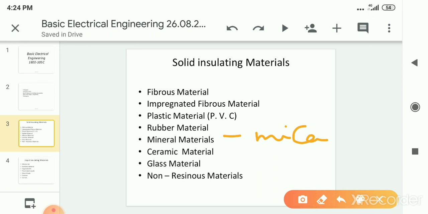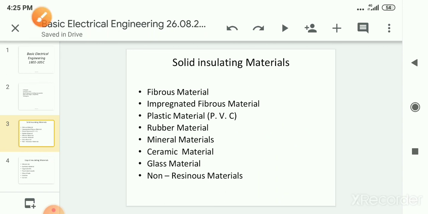How much percentage is supplied? 80% of the total world requirement of mica is supplied by our India, and it is found in Nellore and Bihar also. After that, we studied the ceramic materials and glass materials, non-resinous materials.